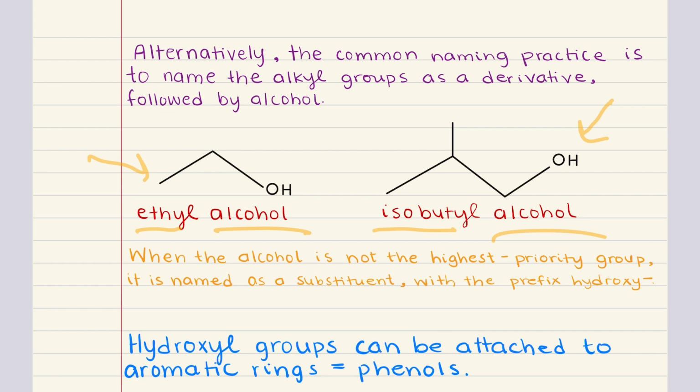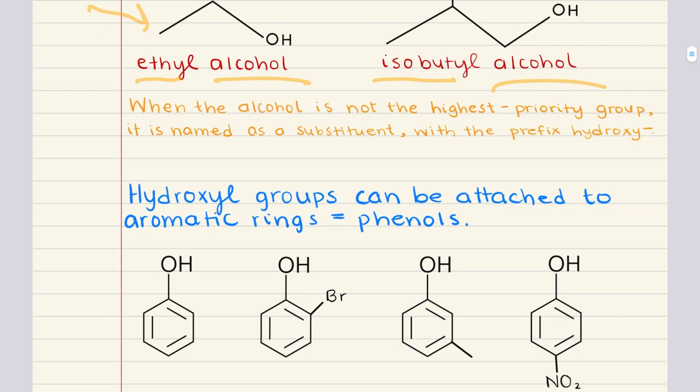In cases where the hydroxyl group is not the highest priority functional group in a molecule, then it's treated as a substituent rather than the main functional group. In such cases, the prefix hydroxy is used instead of the OL suffix. This happens when other functional groups, like carboxylic acids, aldehydes, or ketones, are present because they take precedence in nomenclature.